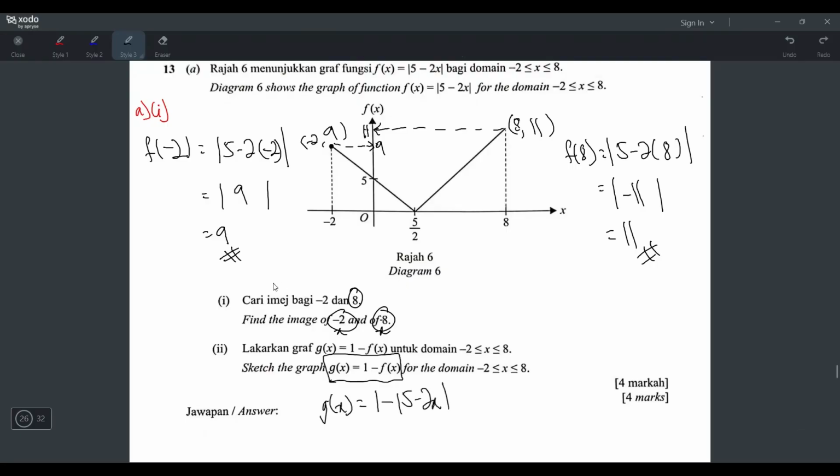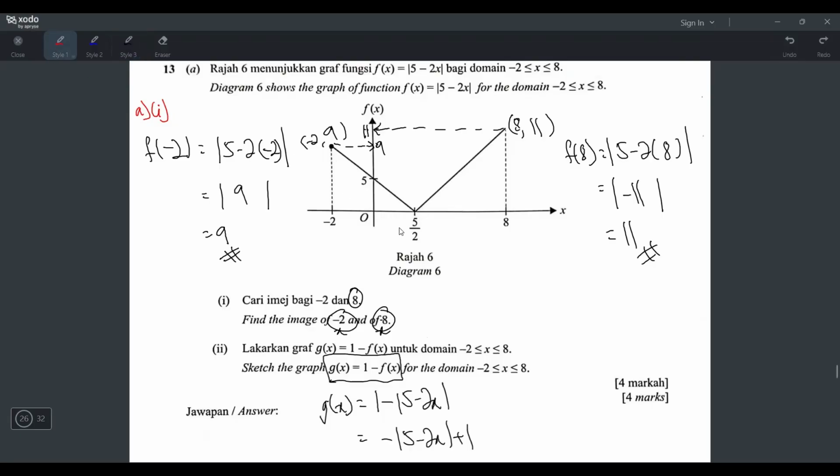I will tell you something. This graph later will be the same graph, but you have to reflect because there is a negative. And the 1, you can write it at the back here. So it becomes negative modulus 5 minus 2x plus 1. Let me explain what this negative means. This negative means you have to flip your graph.